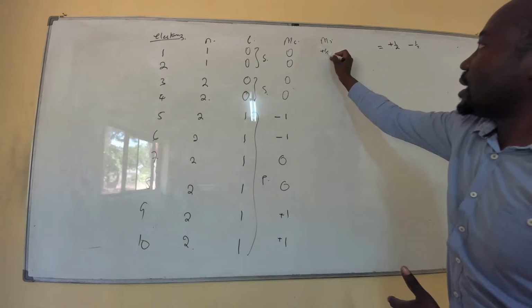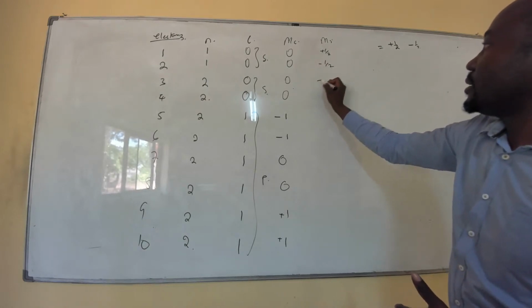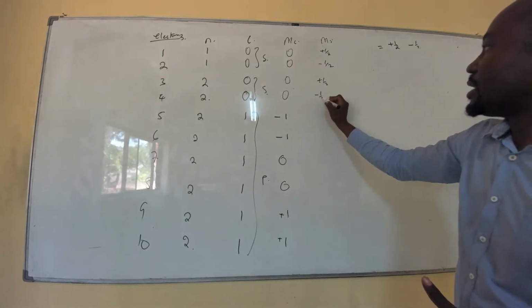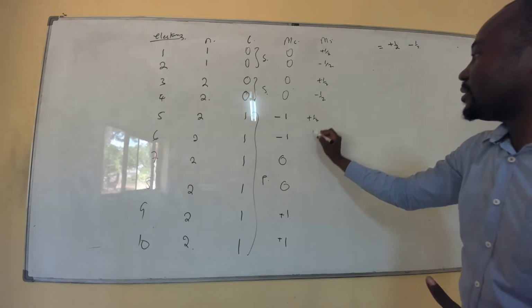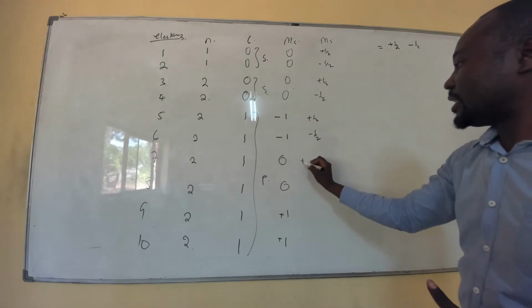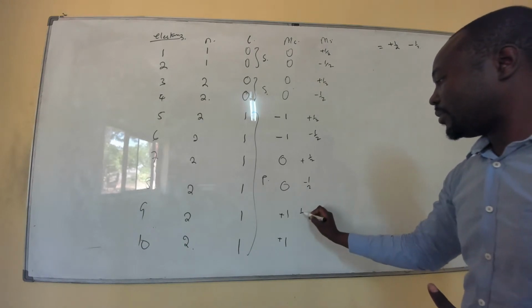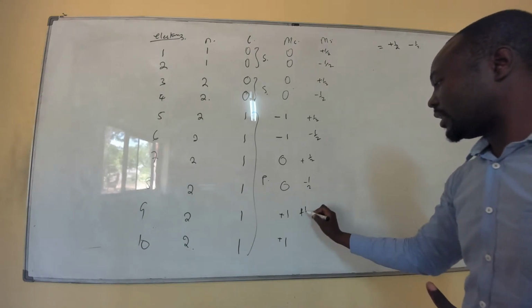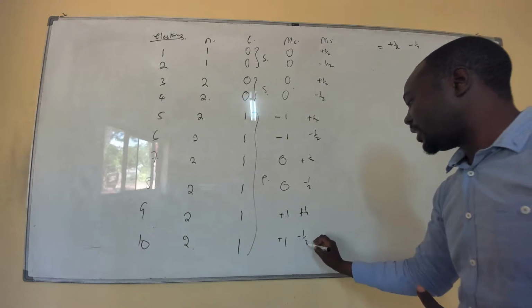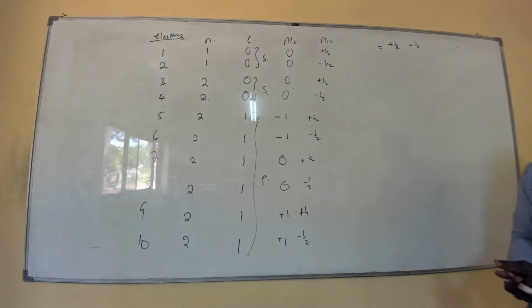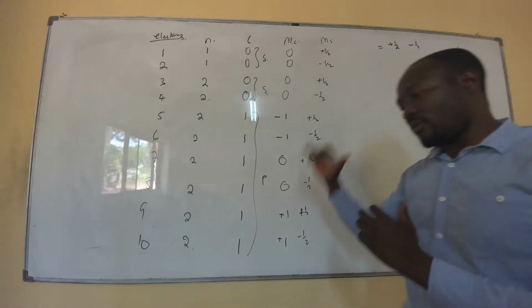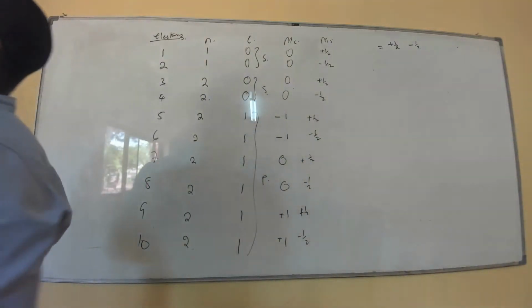So this will be plus half, minus half, plus half, minus half, and so on, like this. So this is how you present the quantum numbers. So it's very easy to write the quantum numbers of all the electrons in the structure.